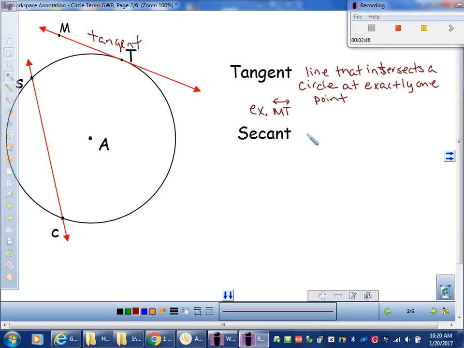Now, a secant is a line that intersects a circle at 2 points.